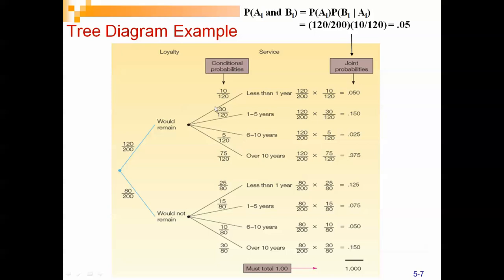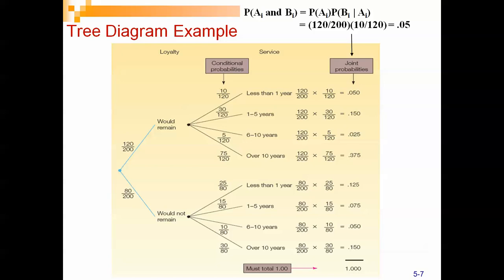And these could also be considered as the probability of B sub 1 conditional on, or given, A sub 1, the probability of B sub 2 given A sub 1, and so on. Where B sub 1 refers to less than 1 year of service, B sub 2 refers to 1 to 5 years, B sub 3 is 6 to 10 years, and B sub 4 is more than 10 years.